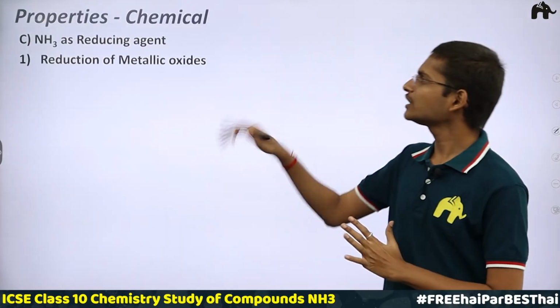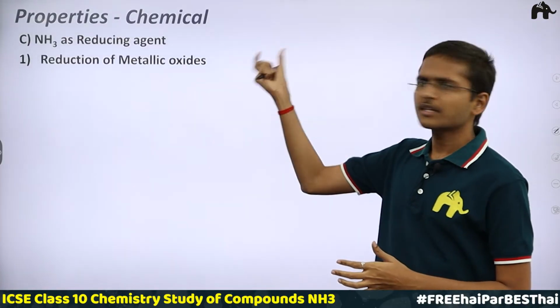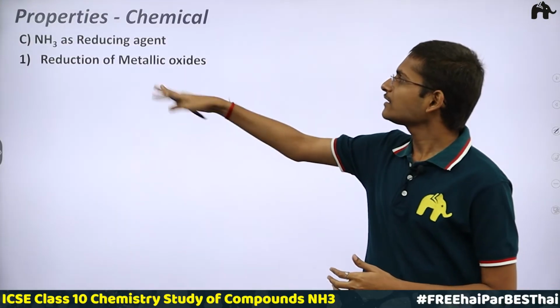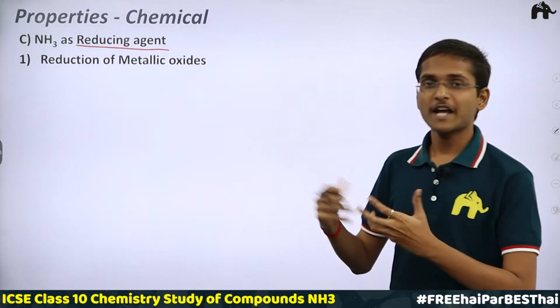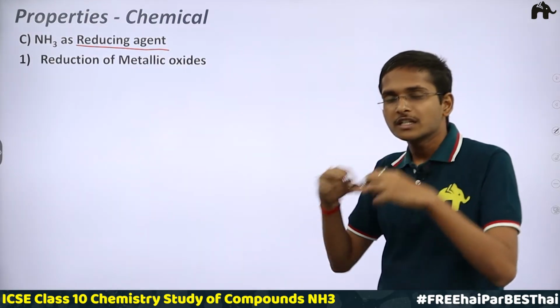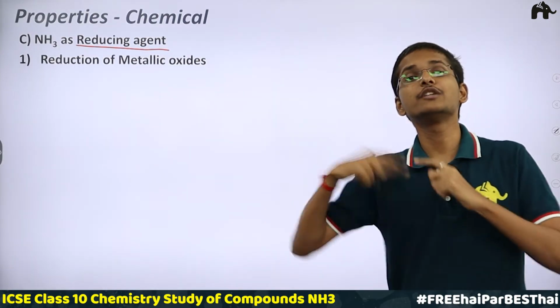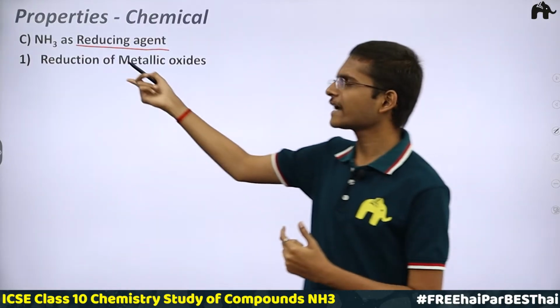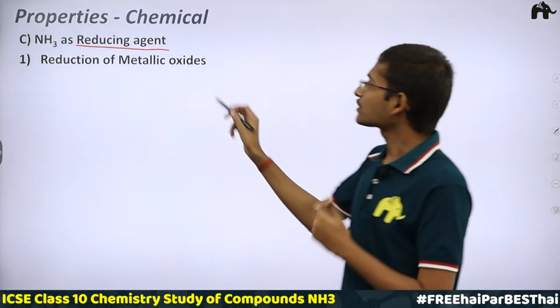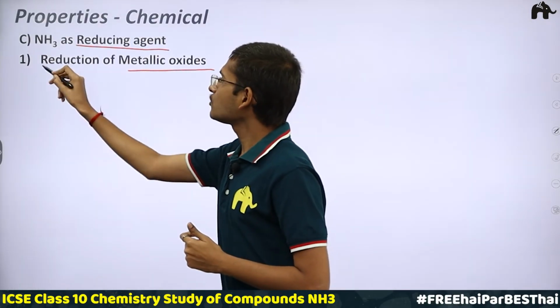Now moving ahead to the next chemical property, ammonia acting as a reducing agent. Let's see the magic of ammonia in the reactions in which it reduces other reagents. First, we will see the reactions of ammonia with metallic oxides, which ammonia is going to reduce.